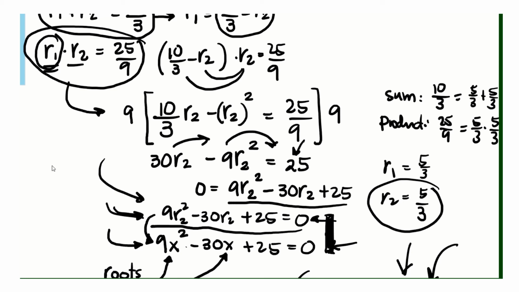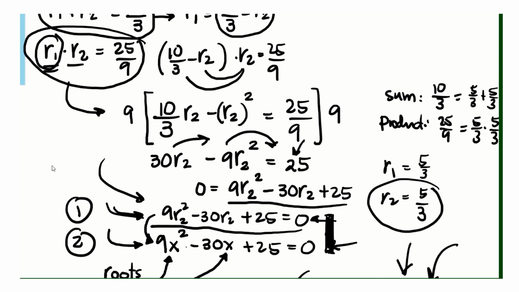So from 9 r sub 2 squared minus 30 r sub 2 plus 25, just replace the r2 by x and you will get the equation. And then if you want to find the roots, you can use either the equation in R2 or the equation in X, and they will give you the same numbers. R2 being 5 over 3 or X being 5 over 3, but X is basically the root.